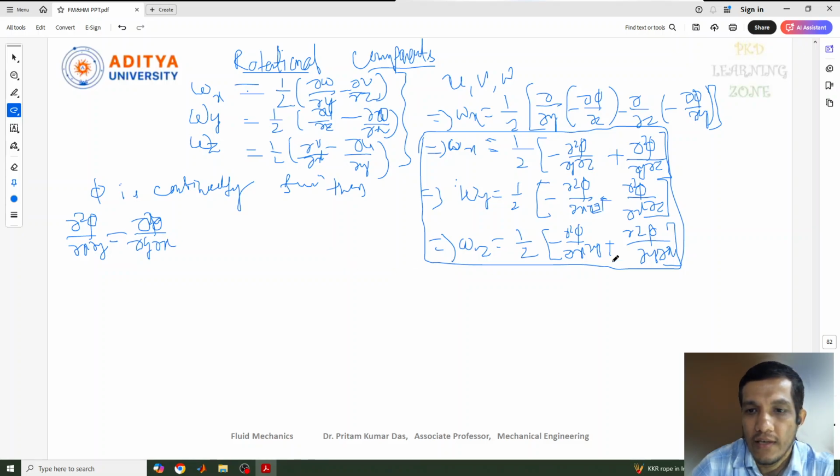You can see del square phi by del x del y, and similarly del square phi by del y del x. And also one more term is there, that is del square phi by del z del x equal to del square phi by del x del z. So similarly we can write many more.